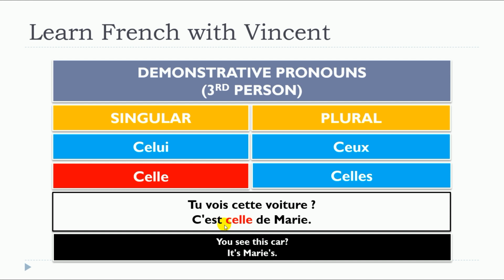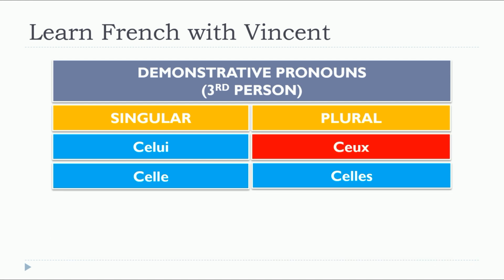We keep the same structure as we saw at the beginning of this lesson, so we put the demonstrative pronoun here, celle. We put the preposition de, and finally we put the name of the person, celle de Marie. Tu vois cette voiture? C'est celle de Marie.